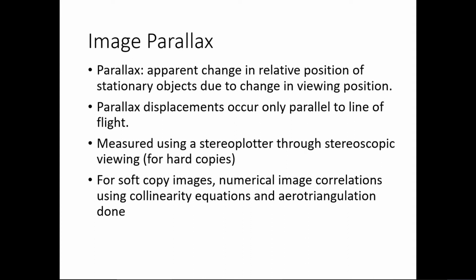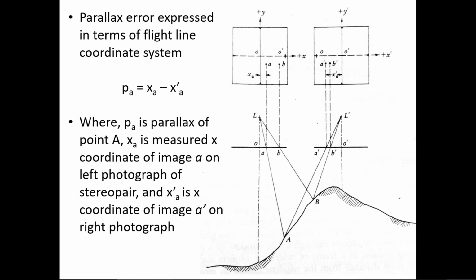All right. A simple representation for the image parallax or parallax displacement is given as PA equals XA minus X dash A. As you can see in this figure, on the left figure and the right figure, XA is the measured X coordinate of the image small a on the left photograph of the stereo pair, and X dash A is the X coordinate of the image a dash on the right photograph of the stereo pair.